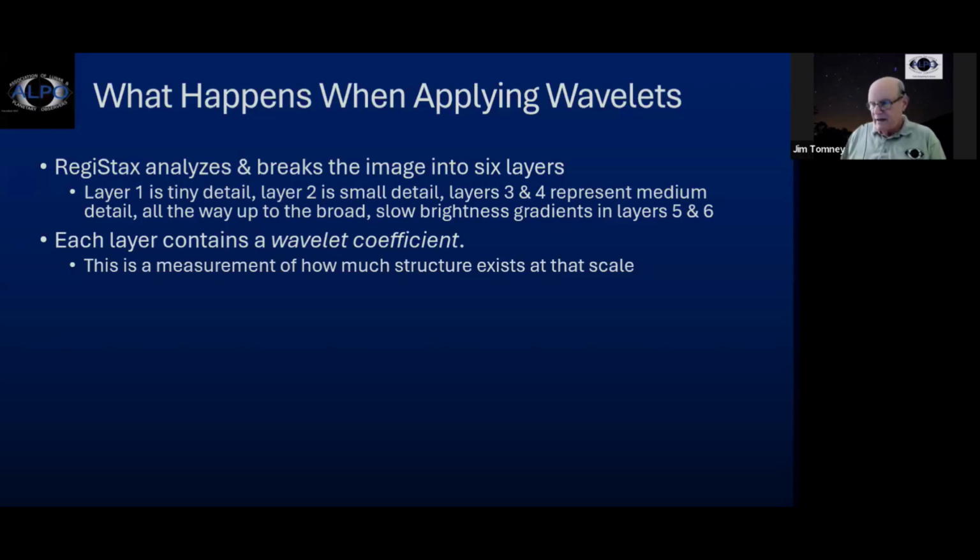It generates basically a copy of your image, and it assigns values to each pixel in terms of, for my particular wavelet, how strongly am I matching at this particular point in the image? So almost like in Photoshop, you can imagine that we have 6 layers, from the tiniest, smallest, fastest changes to the largest, slowest changes.